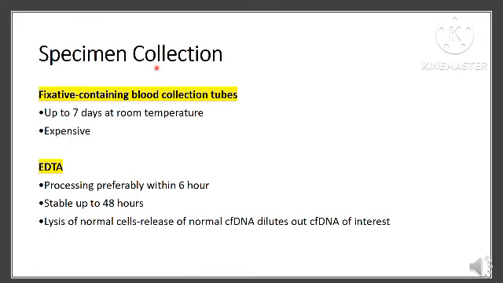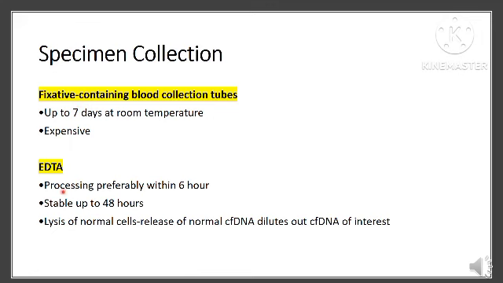So for specimen collection, we have two choices. Fixative containing blood collection tubes that can be stored at room temperature for 7 days, but it is expensive. So it can be used for shipping purposes. When you are expecting a delay in your processing, you can advise to collect the sample in fixative containing blood collection tubes.